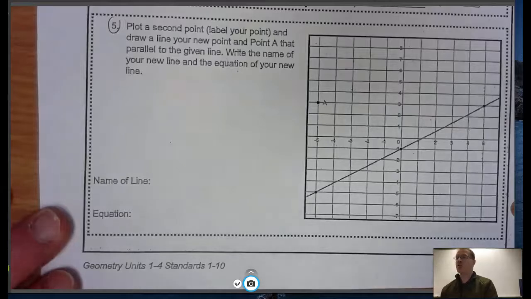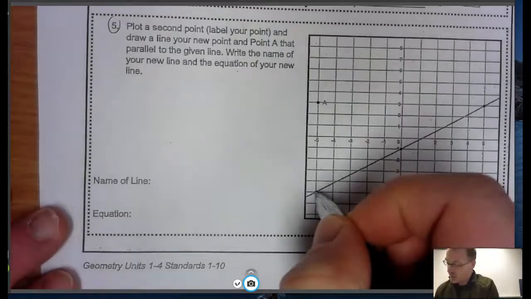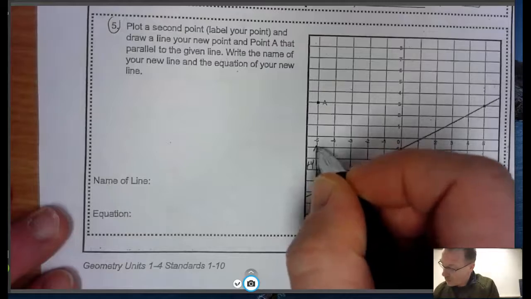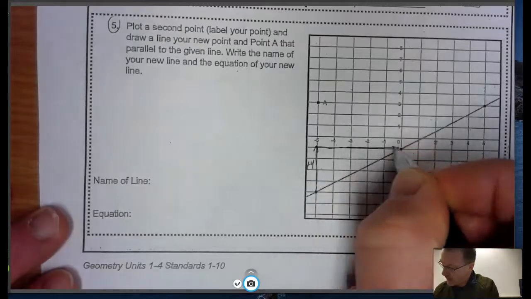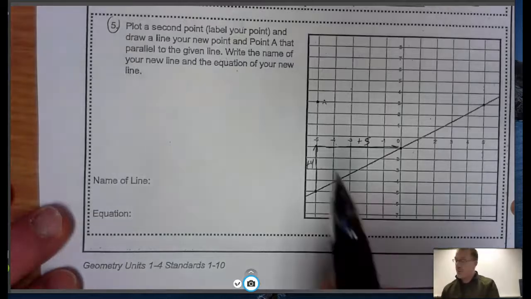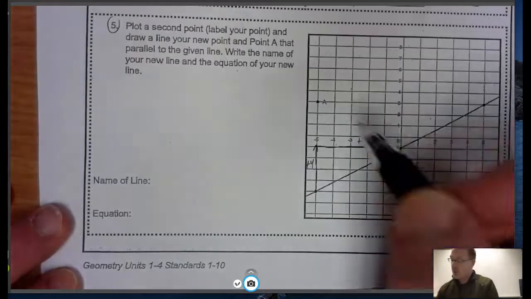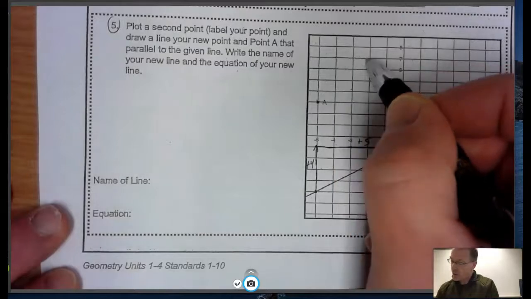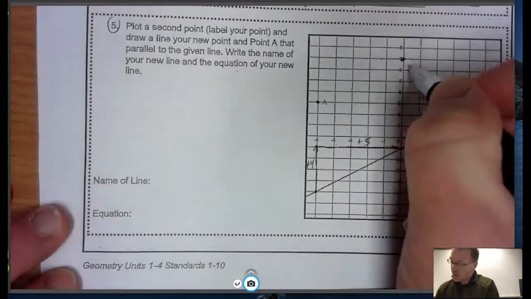So once again, it all goes back to slope. So let's start by finding slope. So notice I go up 1, 2, 3, 4, and I go over 1, 2, 3, 4, 5. So then what I want to do is just recreate that same slope from point A to get to my second point. So I'm going to go up 1, 2, 3, 4, and then to the right 1, 2, 3, 4, 5. And then we're going to call that point B.